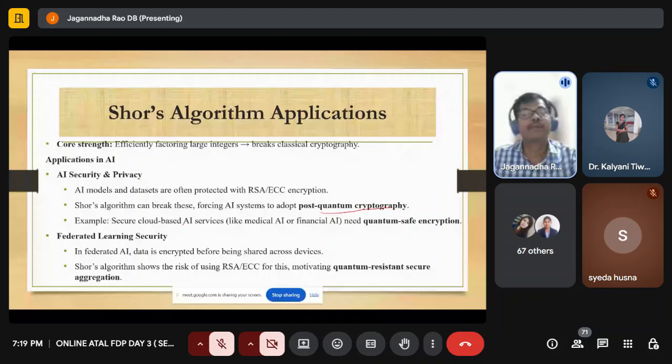For example, secure cloud-based AI services, medical AI or financial AI need quantum-safe encryption. Next, federated learning security. In federated AI, data is encrypted before being shared across the devices.